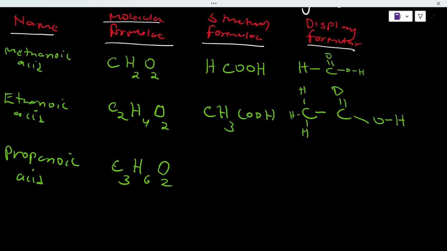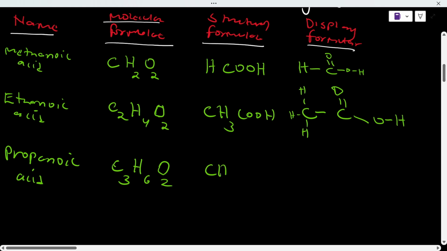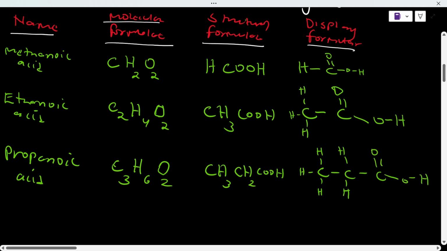Then on the structural part, I'm going to have CH3, CH2, COOH, where I'm going to have a C that is bonded to an H, an H, an H, a C, H, H, a C, double bond O, O bonded to an H.